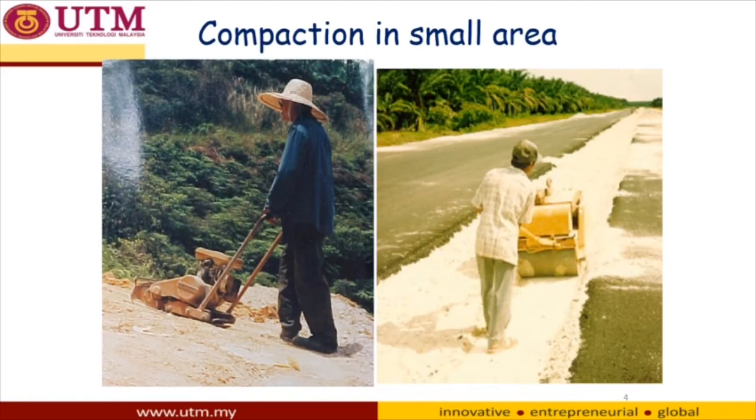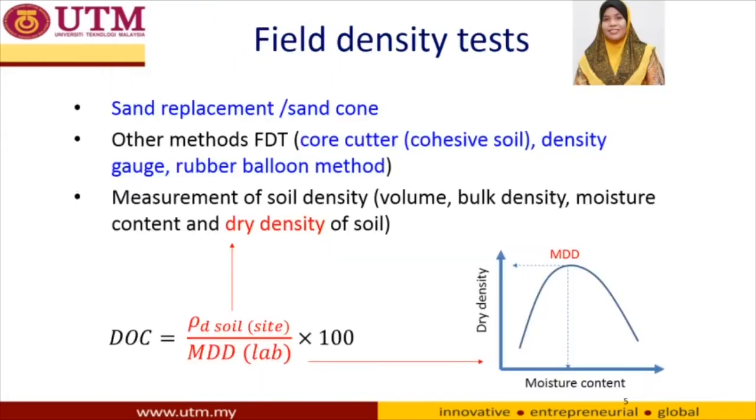Currently, there are various methods available for the verification of field density, whether non-destructive or destructive methods. The most conducted method is sand replacement or sand cone, which is the most applied method in Malaysia.